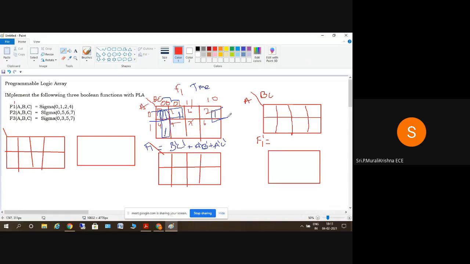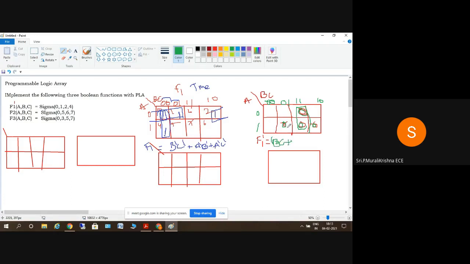Okay, so 0, 1, 2, 4. The remaining numbers, so this one, this one and this one, are all zeros here. So this is 0, this is 0, this is 0 and this is 0. Find the grouping here. We can group these two, and the value is BC.